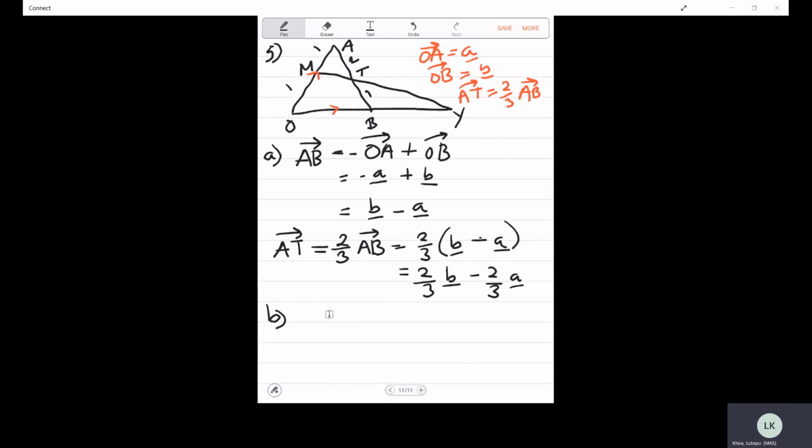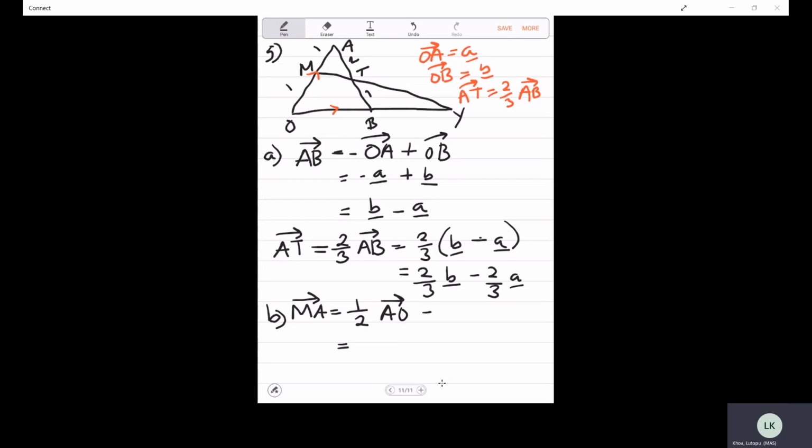says express MA and MT in terms of a and b. So MA, okay, we know that MA is half of the distance from A to O. That's what it is.